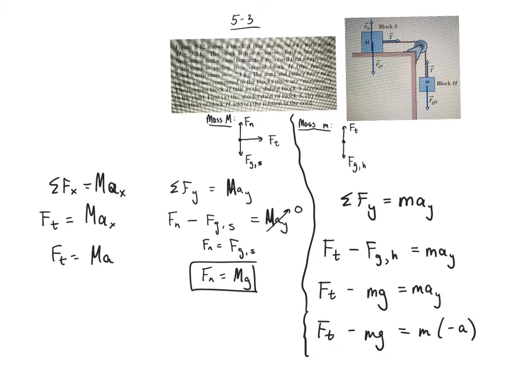Correct. In block H, I didn't do the horizontal because there's no forces. And then the magnitude of the accelerations are the same, equal. But this is negative because it's going down. This is positive because it's going to the right. So now my governing equations are right here underlined in red. And now we can see that Ft and A are the only unknowns. Two equations, two unknowns, we're going to solve.